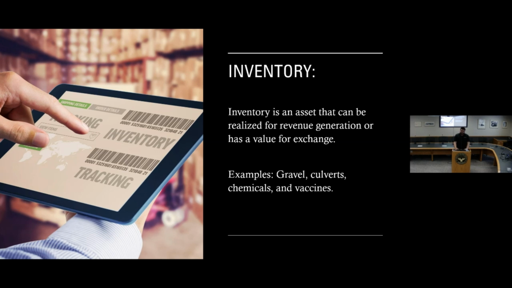Some examples I have today are gravel, culverts, chemicals, and vaccines. Just note that there are other types of inventory out there. These are just the common ones we've come across in our audits. We just wanted to touch base based on our expertise and experiences with what we've come across.